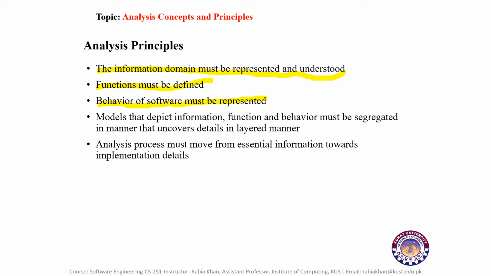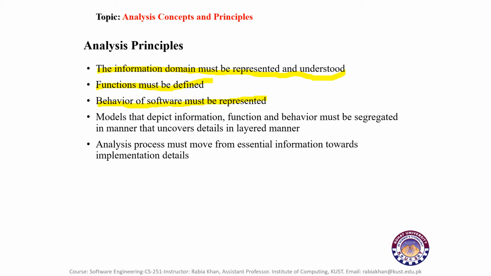Or number 3, in some cases, an external system signals the software to act in some manner. So these are different conditions in which a system generally moves out of the wait state.